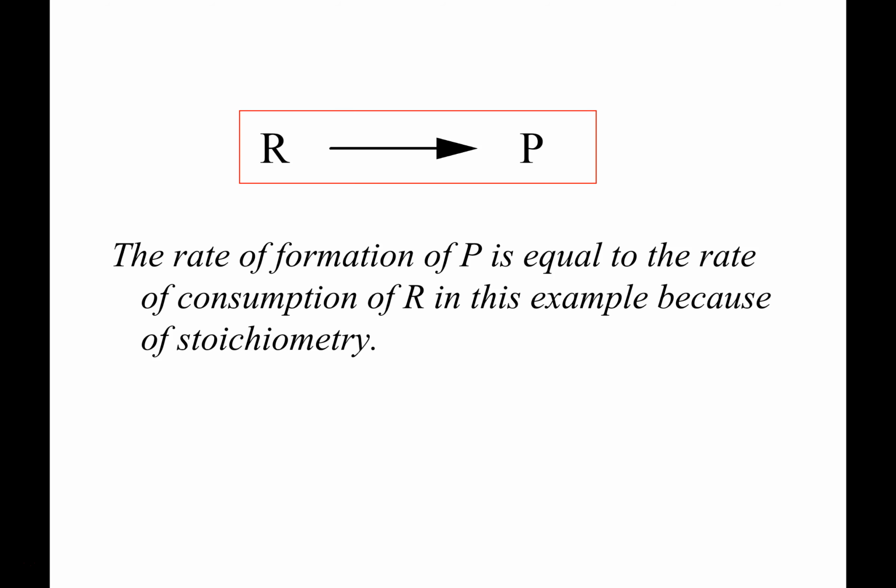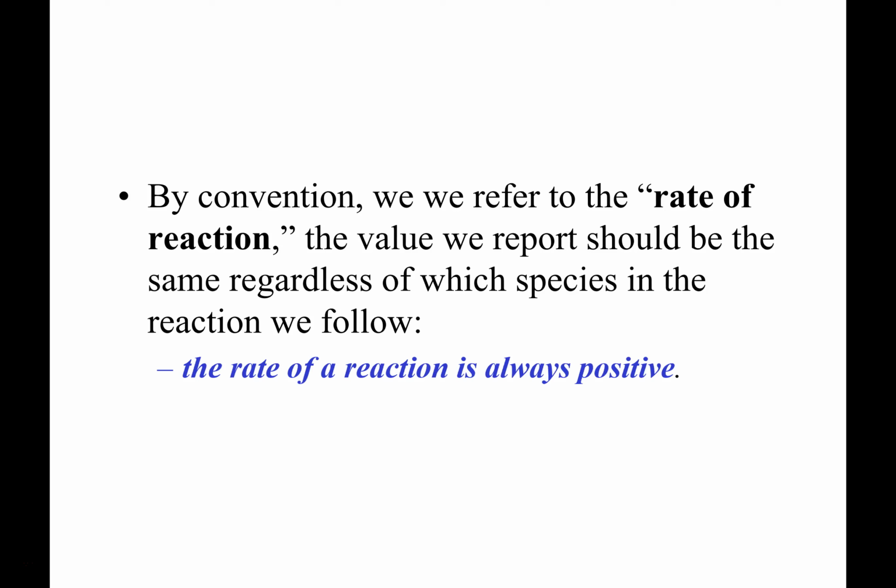So like I said, the reaction rate, the formation of the product, is equal to the consumption of the reactant only if your stoichiometry is 1-to-1, and it is here. I'm talking 100 miles an hour again.